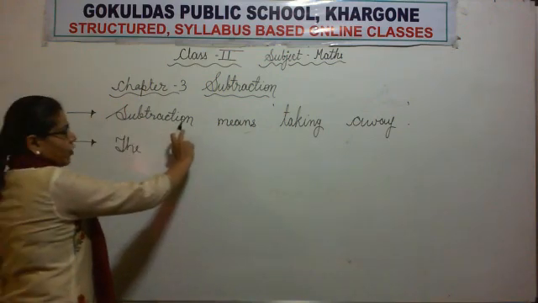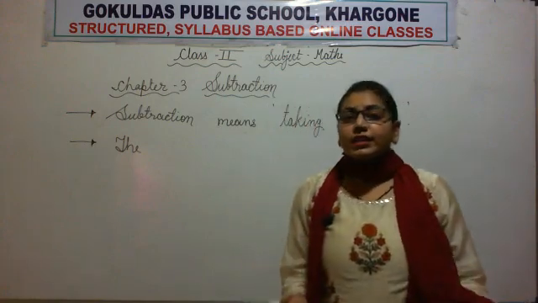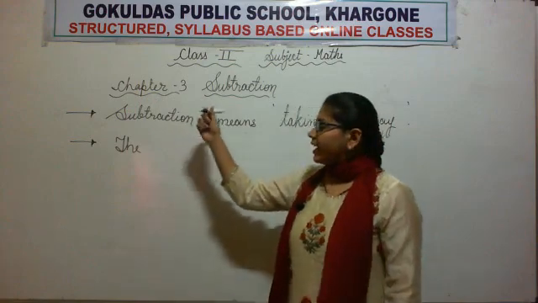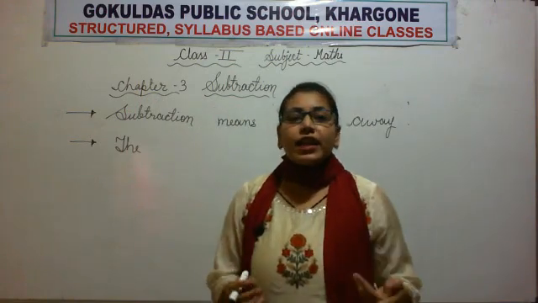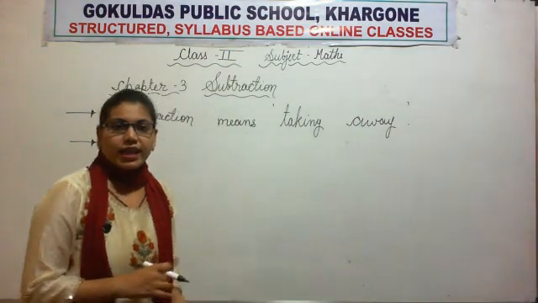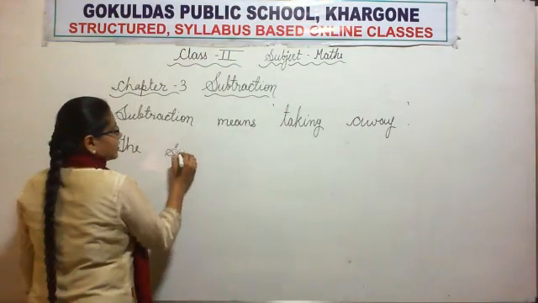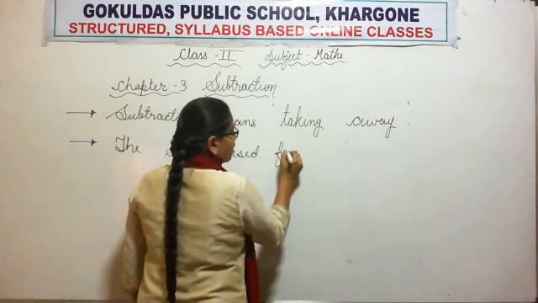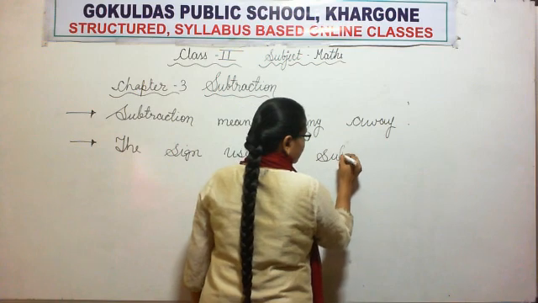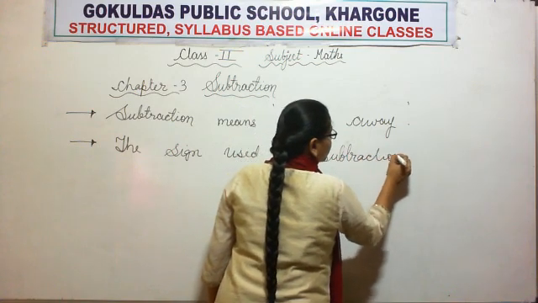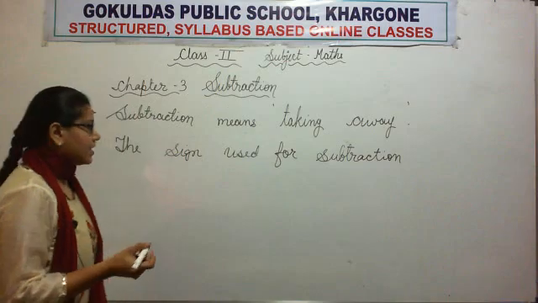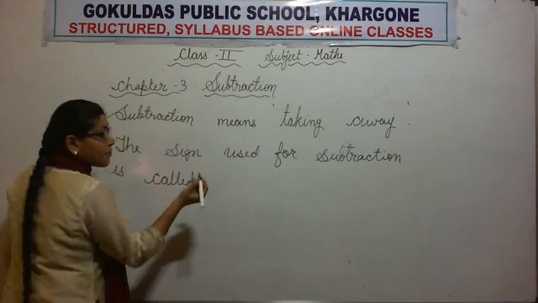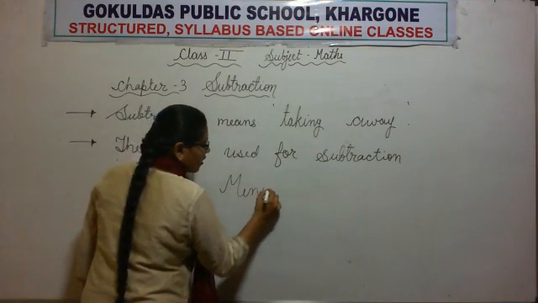Now the very first point you will write there is, what is subtraction? Subtraction means taking away. Then we will write about the sign which we are using here. The sign used for subtraction is called minus.